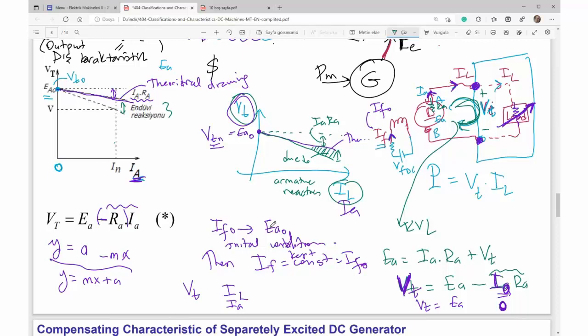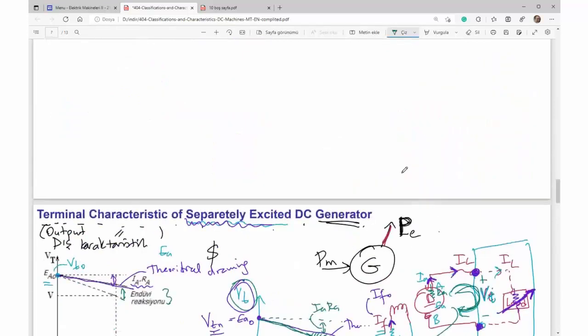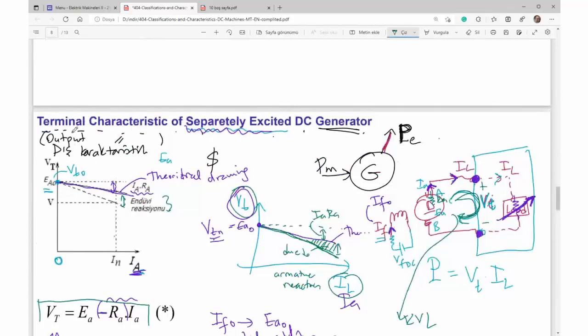We can conduct some experiments machine to machine to determine how armature reaction causes some distortion and how it deteriorates the output. You need to make some experiments to define armature reaction effects. After this explanation, it looks like this theoretically, but in reality there is a nonlinear change due to armature reaction. Magnetic field causes some drop due to armature reaction. That is the terminal characteristic for a separately excited DC generator.